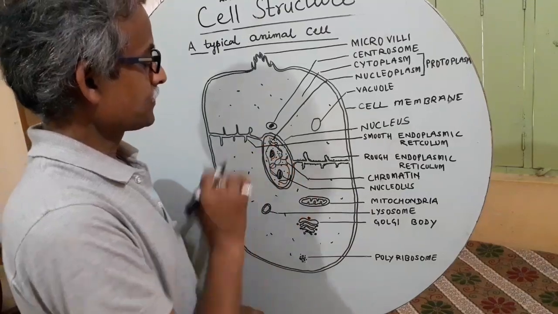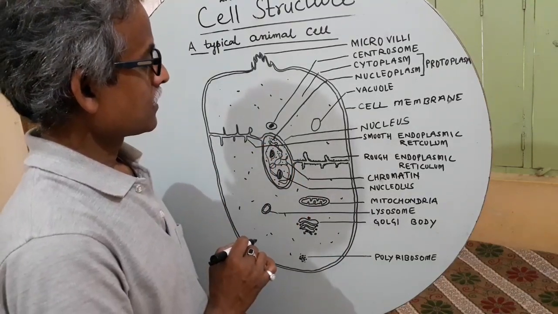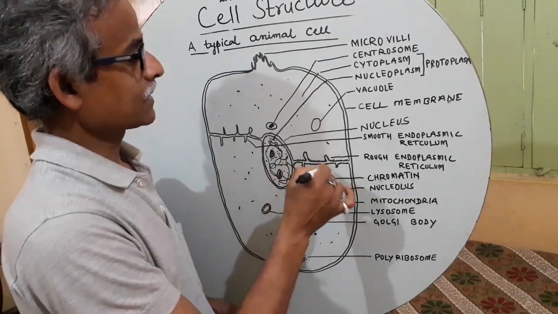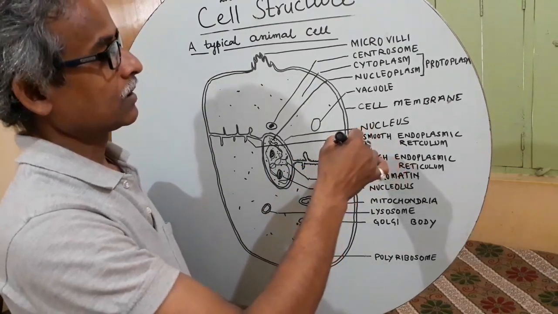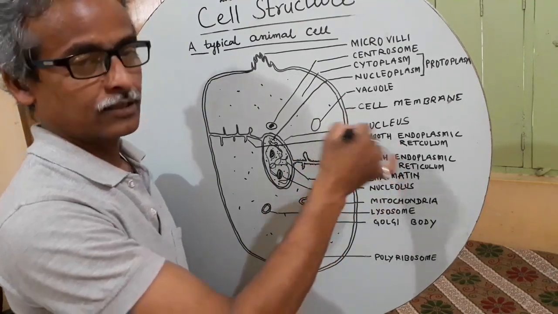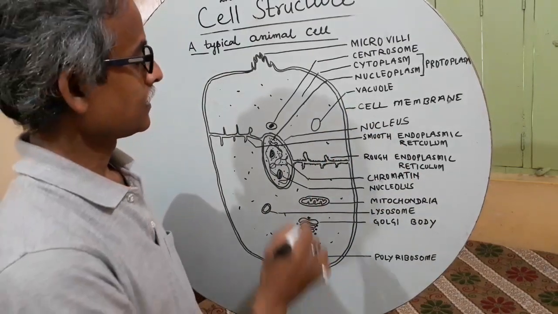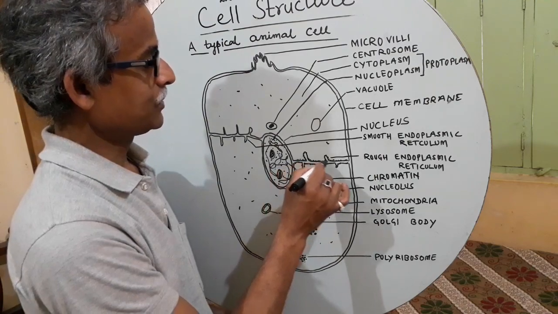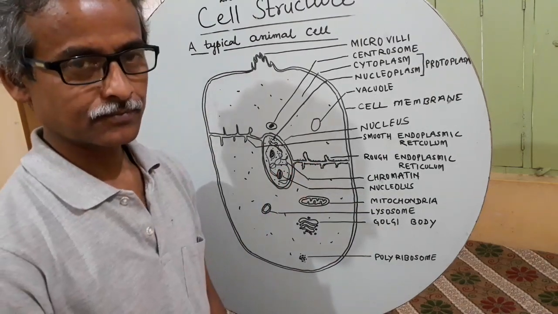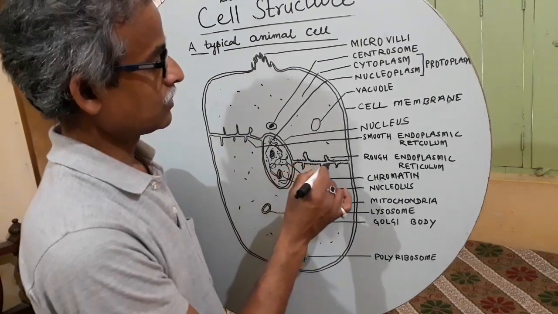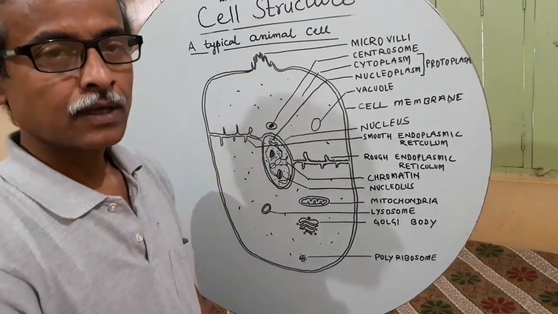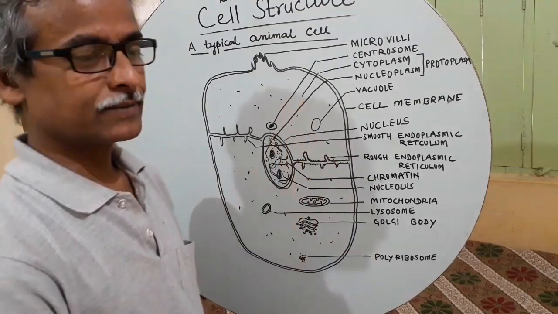This nucleus is connected to the outer environment of the cell with a tube-like structure. This is called endoplasmic reticulum. There are two types of endoplasmic reticulum.